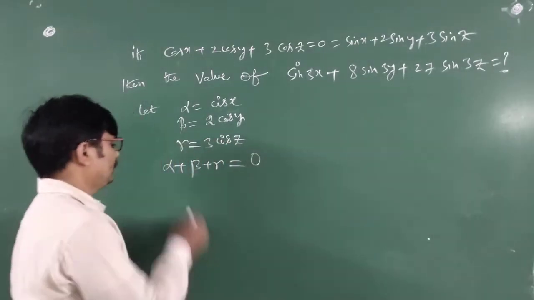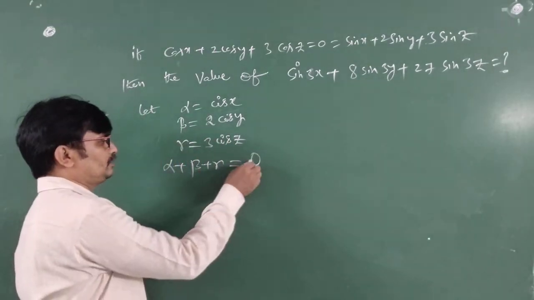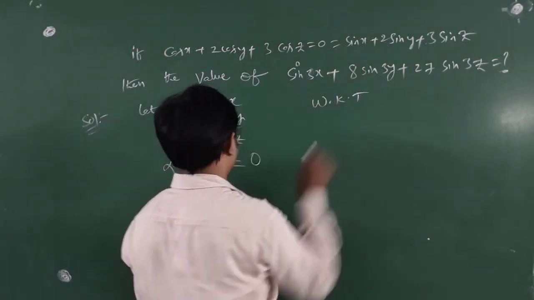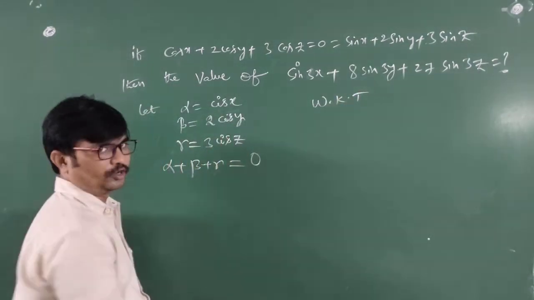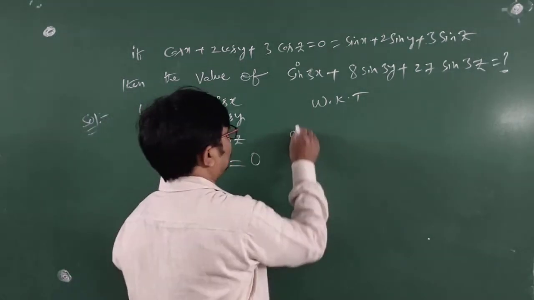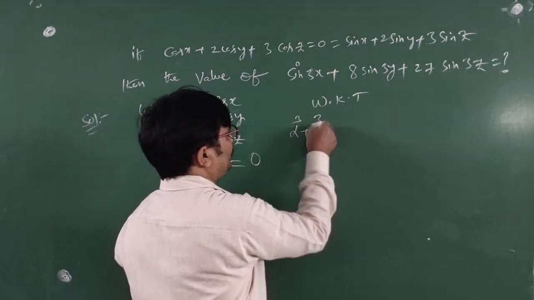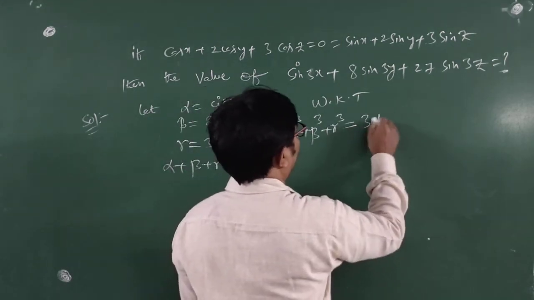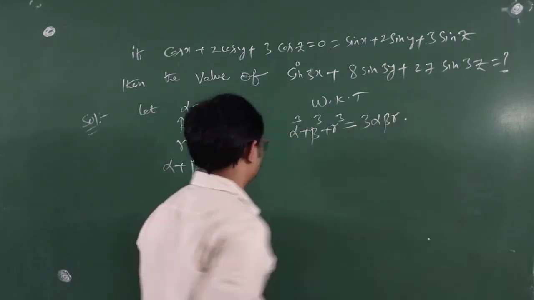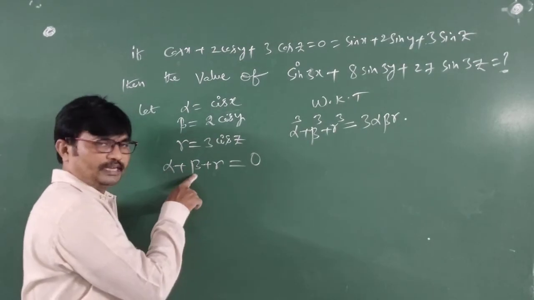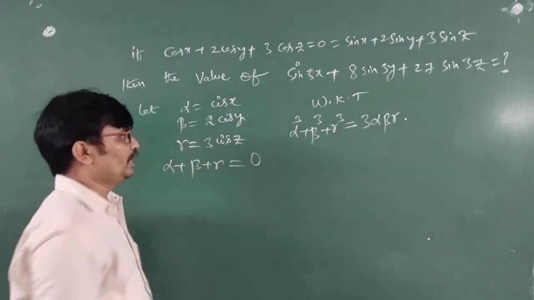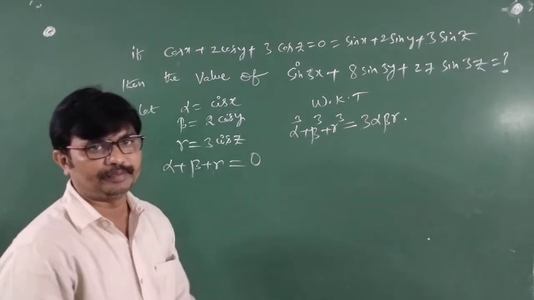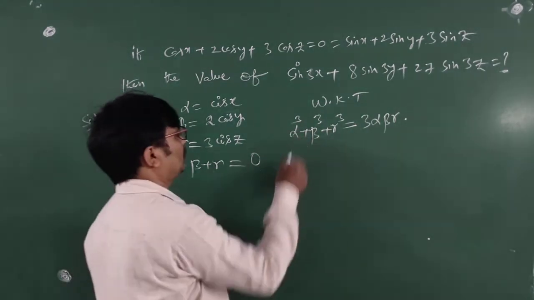So when alpha plus beta plus gamma is 0, we have to know that alpha cube plus beta cube plus gamma cube equals 3 alpha beta gamma. When a plus b plus c is 0, a cube plus b cube plus c cube equals 3abc.